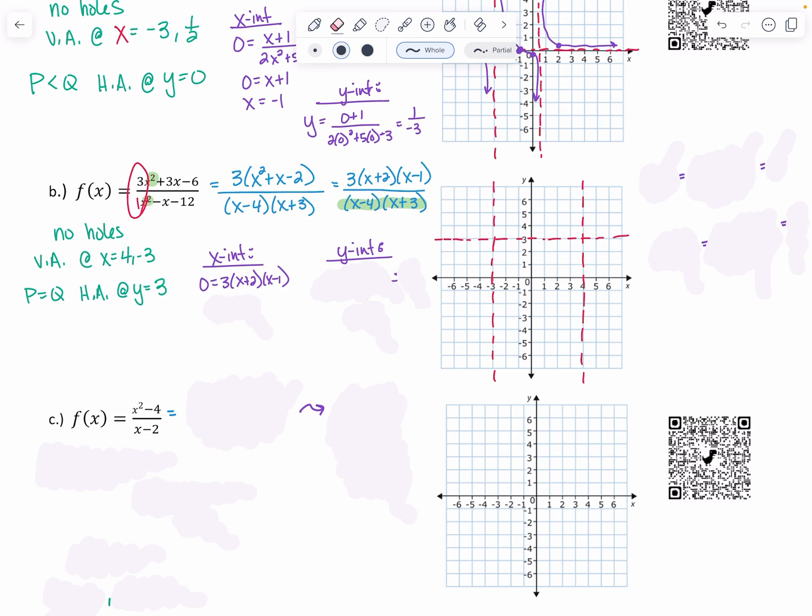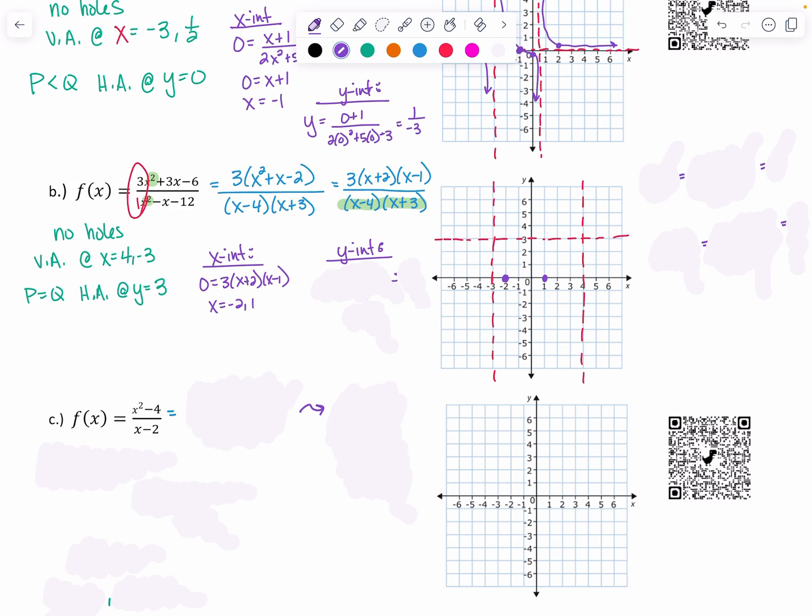If I take the numerator of my fraction and set it equal to 0, I'm actually going to use the factored version because I would have to factor it anyway in order to solve. I'm going to use the zero product property to set each of these equal to 0, and I get x-intercepts at x equals -2 and x equals +1. All right, if I'm graphing, what did we say? X equals -2, and x equals +1.